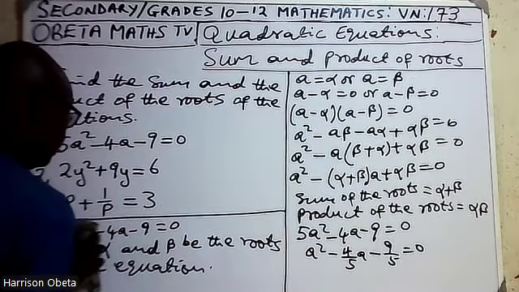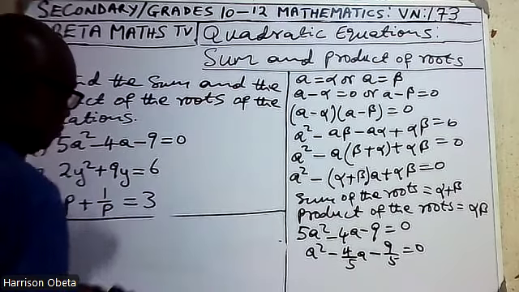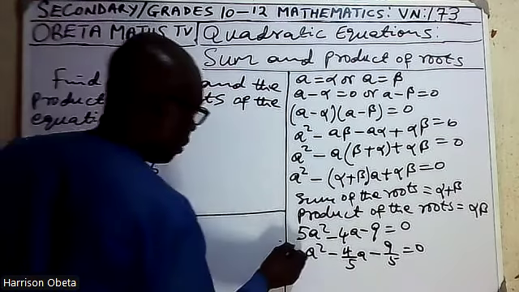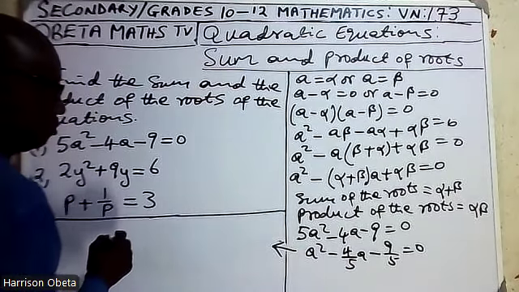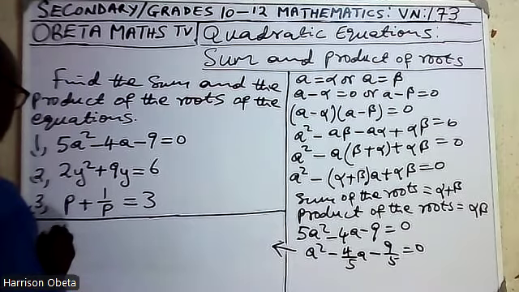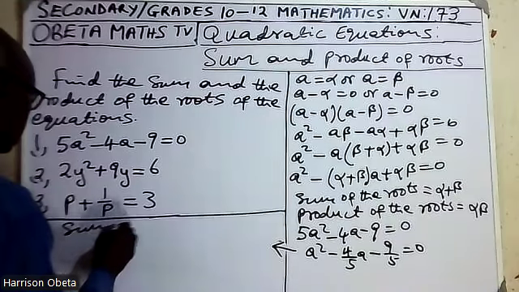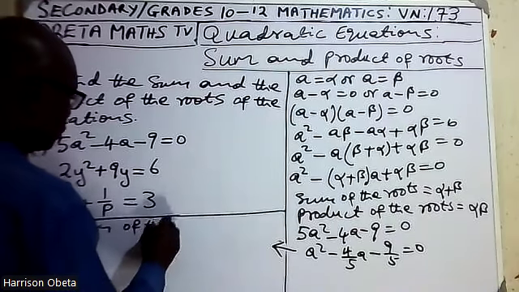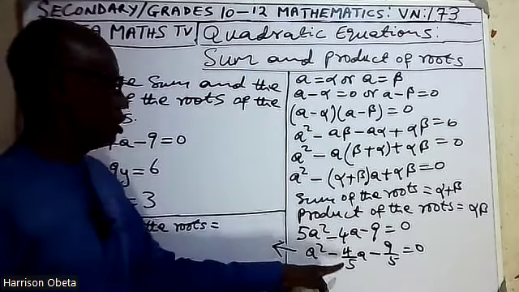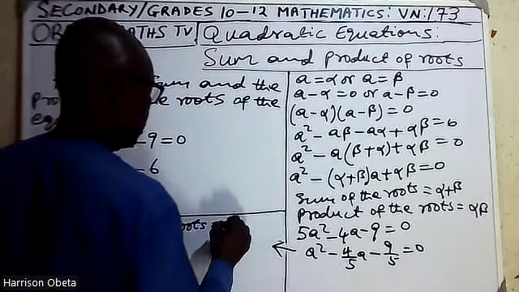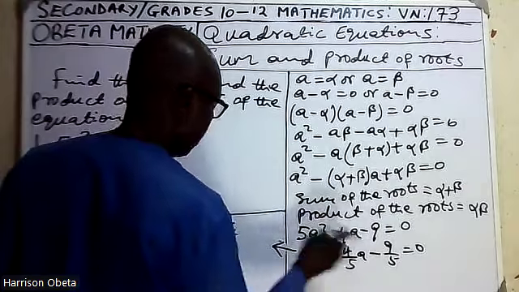Coming back, we can just write the sum of the roots should be equal to 4/5. This is the sum.